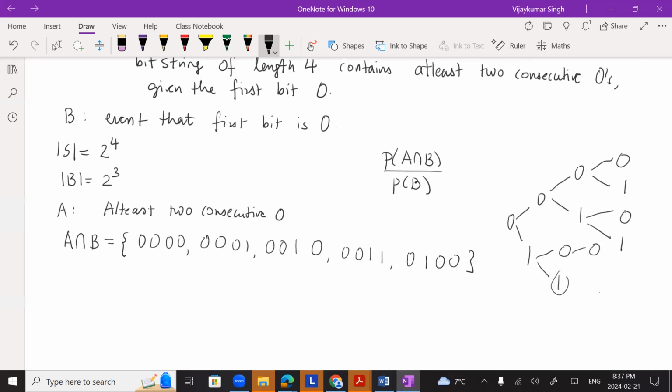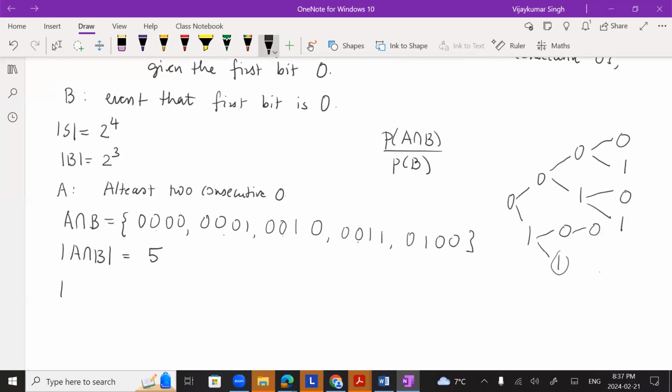And that's about it. There is no other option really. Do you agree with that? So this is my A intersection B. Note there are other ways to count it too, but let's say this is the A intersection B. So what is the size of A intersection B? It's going to be 1, 2, 3, 4, 5. Size of A intersection B is 5. So what is probability of A intersection B?